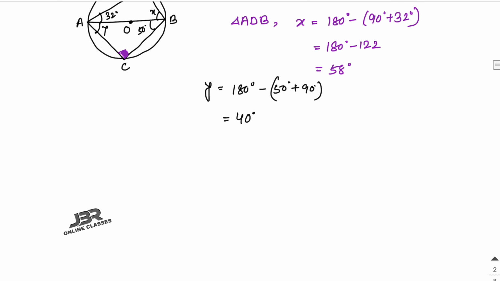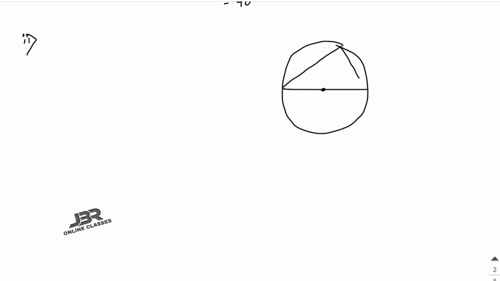Now the next one, number 5.2. So here in 5.2, this one is a circle, its diameter O. Okay, and this one here a rectangle. Okay, these two sides are parallel, it's Y, it's X, that one equal to 37 degree.